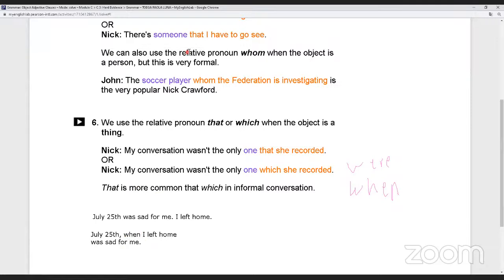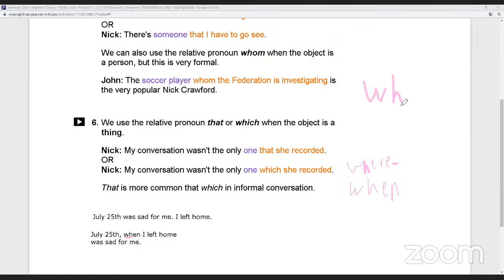As you can see, we can also use when, or we can also use where. For relative pronouns, you can use who, whom, whose, that, which, when, where. You can also use why.